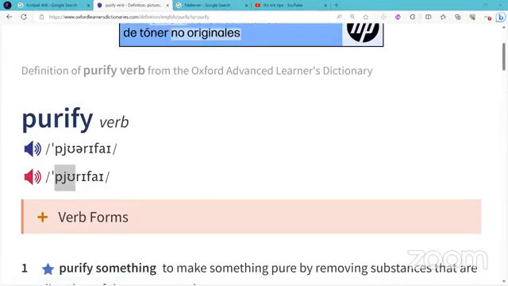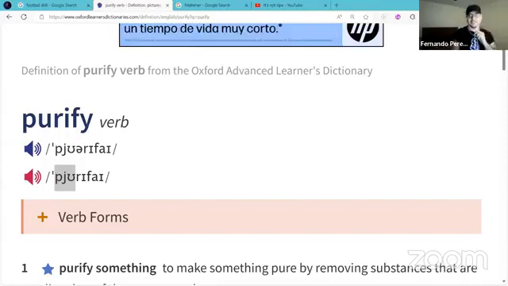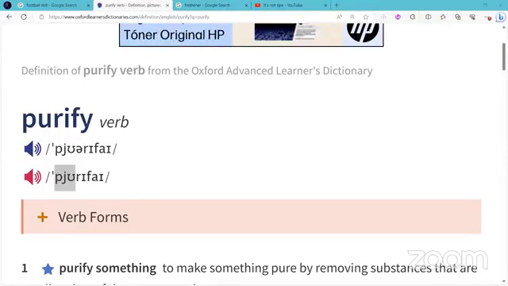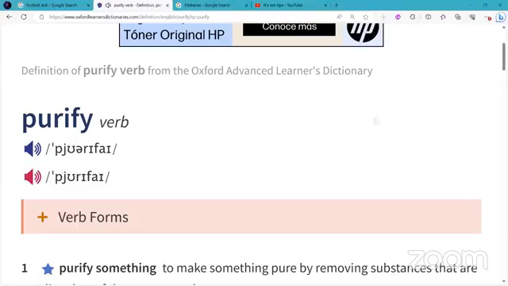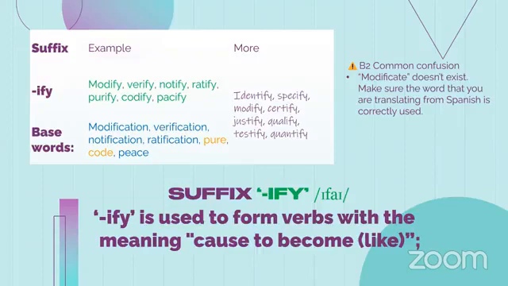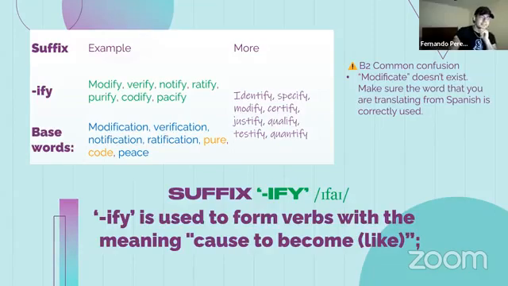I am not sure. Try to say it. Study your symbols. That's for pronunciation. Purify. Exactly. Purify. Okay. Purify. That's correct. Okay, purify, codify, and pacify. Correct. That's totally correct.